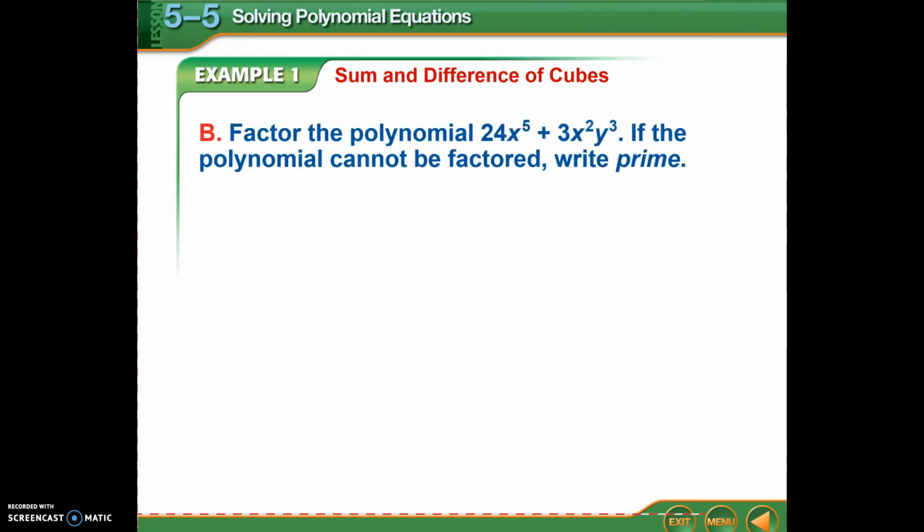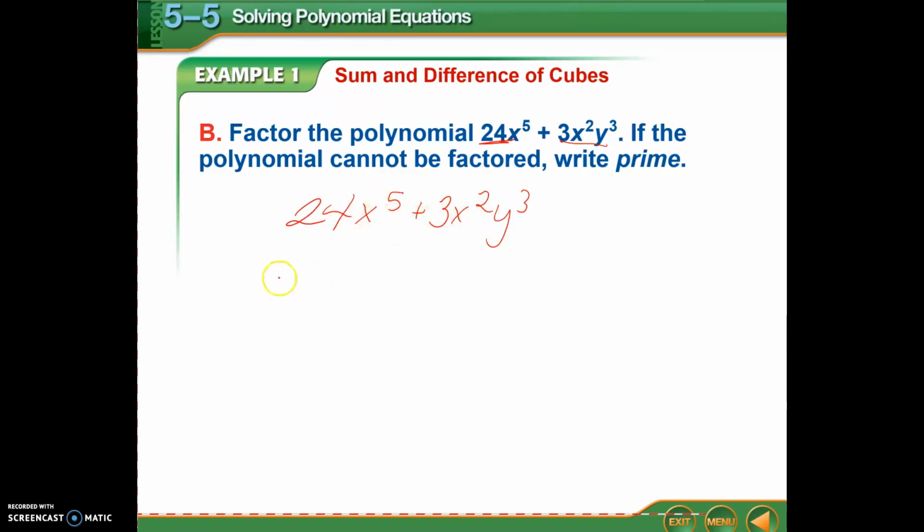Here we're going to look through some examples of factoring again. Since I have two terms that aren't perfect cubes or perfect squares, let's take out our greatest common factor. I have 24x to the 5th plus 3x squared y cubed. I notice I can divide both numbers by 3, and I can take out up to an x squared, because this term has x squared and this has 5 x's multiplied.